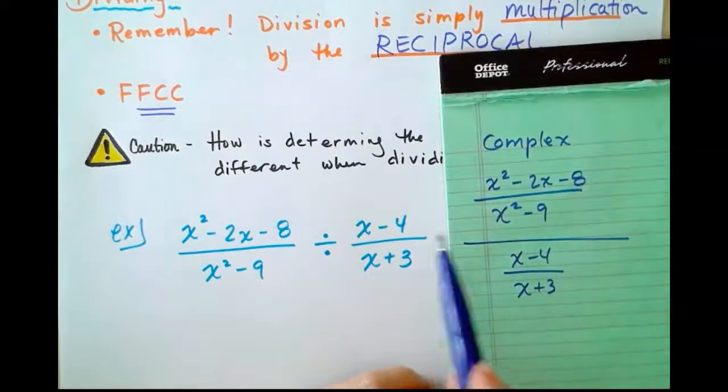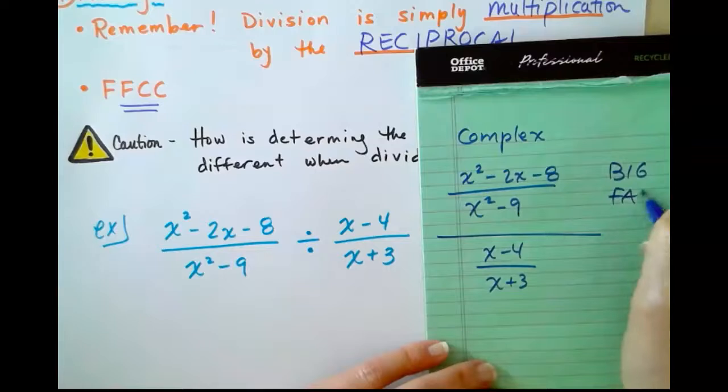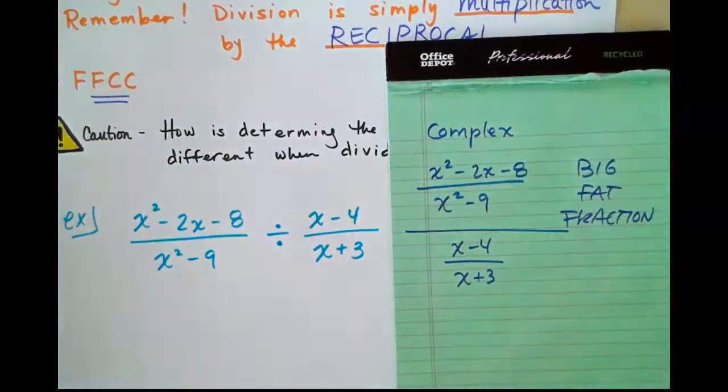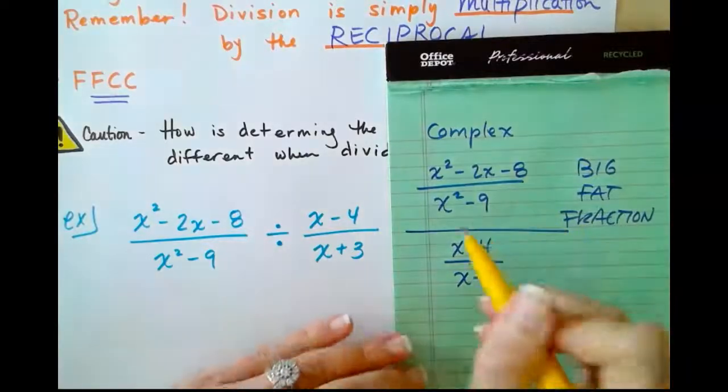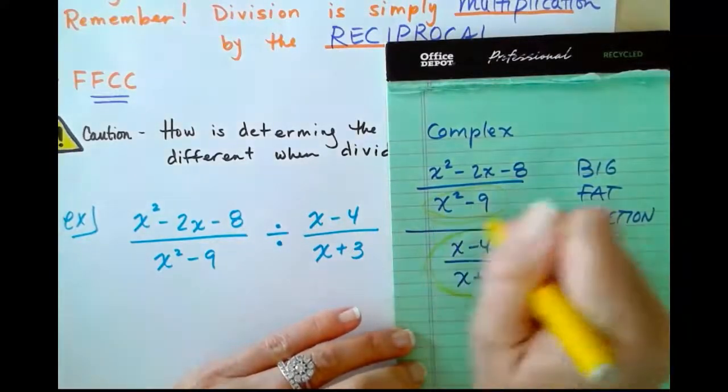So think about this division problem as a big fat fraction. And if we think about it as a big fat fraction, look at all the denominators. This is a denominator. And this whole thing is a denominator.